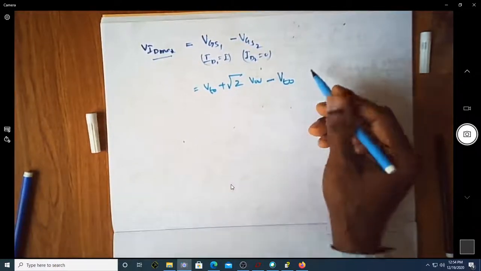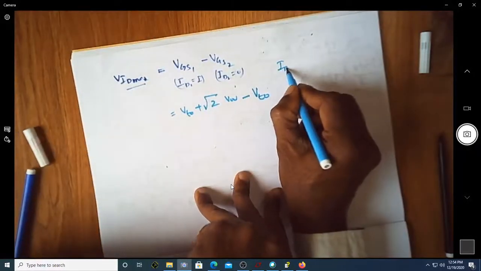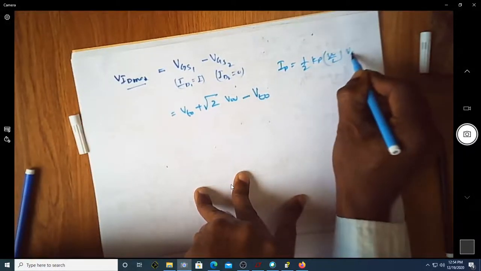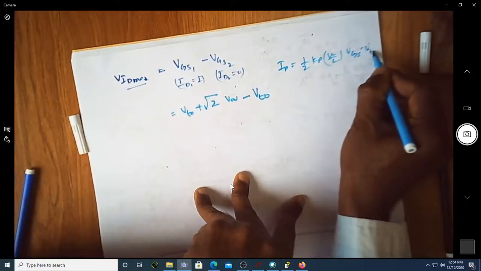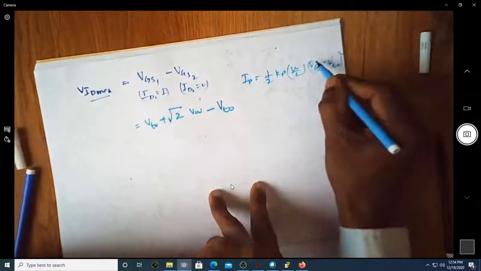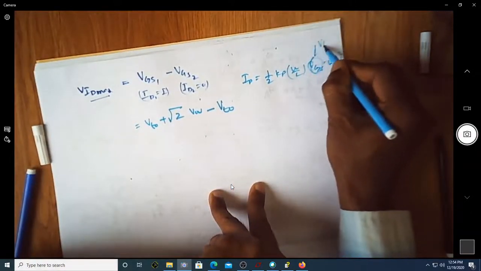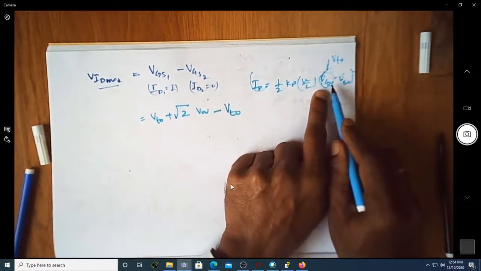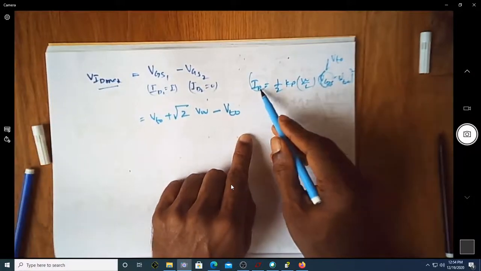Because if you write the expression ID equal to half Kp W by L (VGS minus VTO) whole square, and I make VGS equal to VTO, does the current become 0? You can see 0 square will become 0, so ID will become 0.